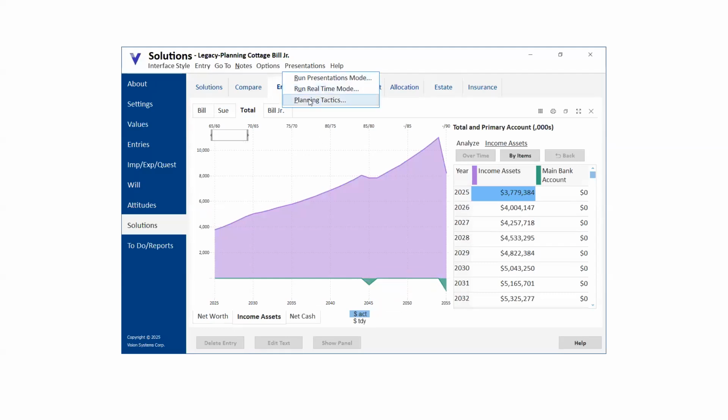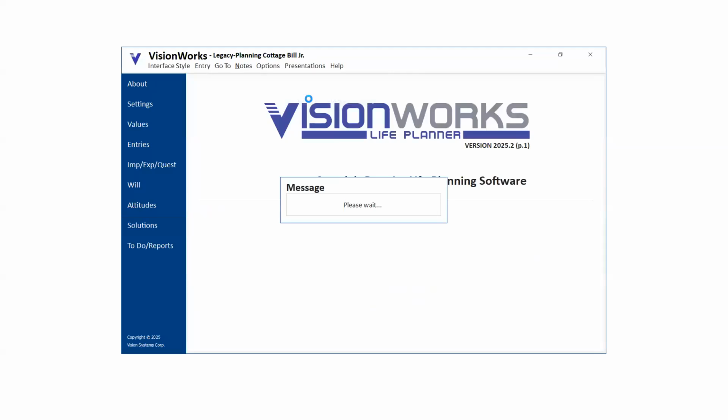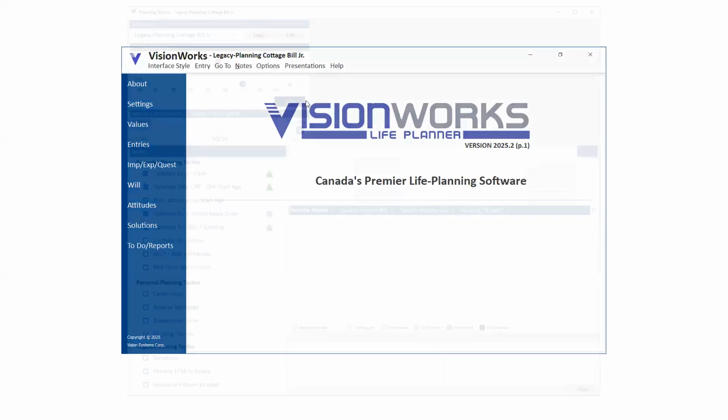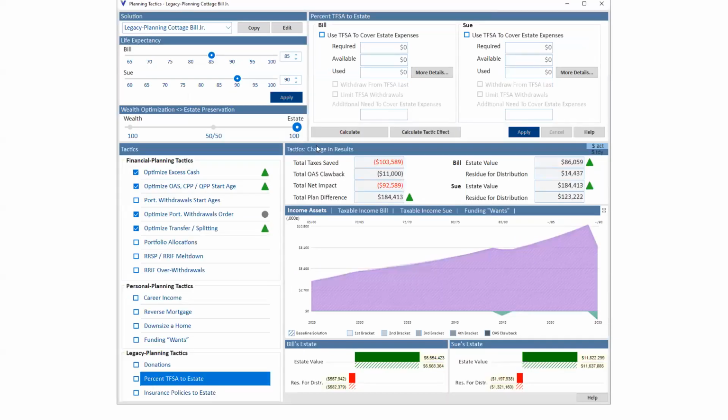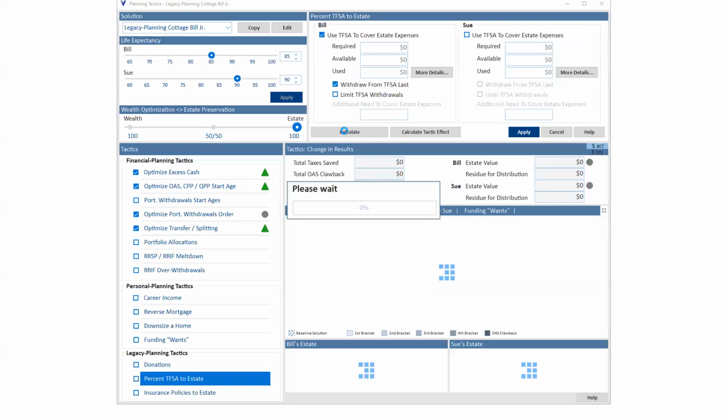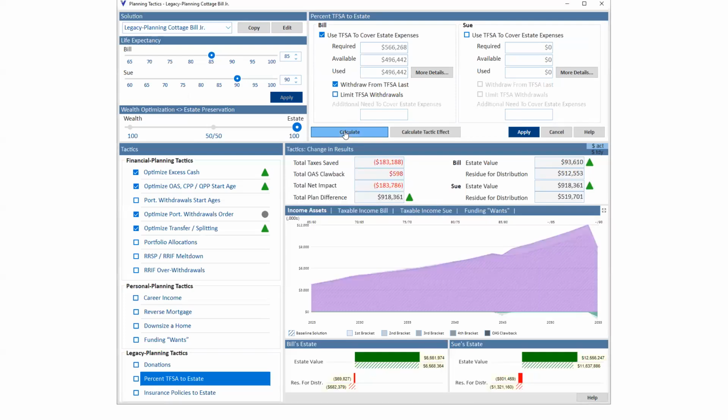When I was playing around then with tactics and I was looking at the idea of the beneficiary of TFSAs, I kind of stumbled on this: I selected Bill's TFSA and talked in terms of it going to the estate.